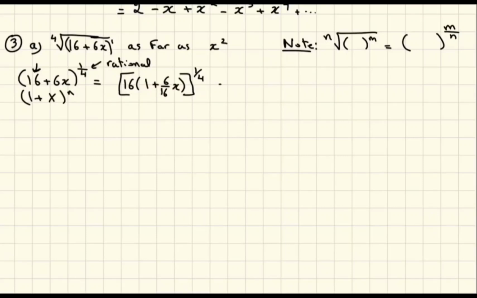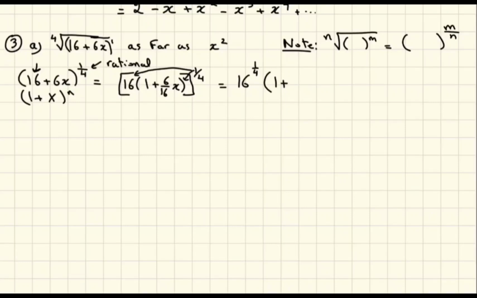My next step is to distribute the exponent 1 over 4 to 16 and to the factor. So I will write 16 exponent 1 over 4, and here there is a common mistake where many students do 16 times 1 over 4 and they write it as 4, and this is actually wrong. The correct thing here is to do the fourth root of 16, and it's gonna be 2.